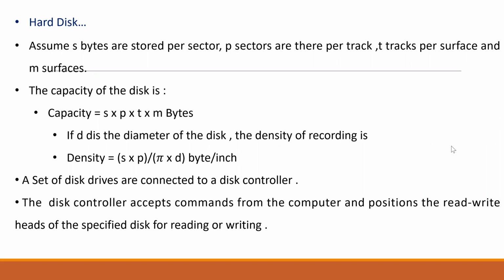Generally that is a particular drive, surface, tracks, and locations, and for these locations where you want to read or write, the commands are sent by the disk controller.